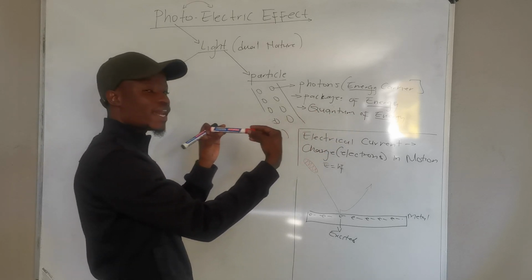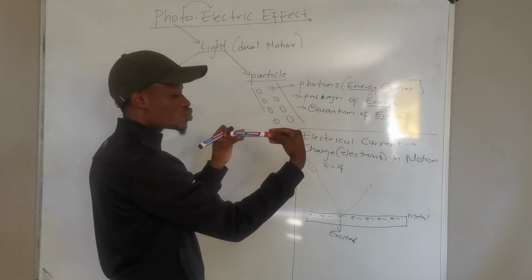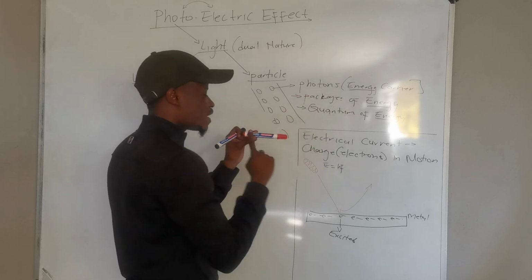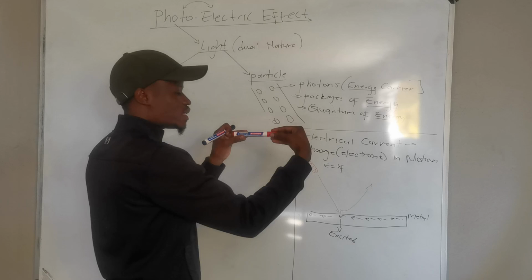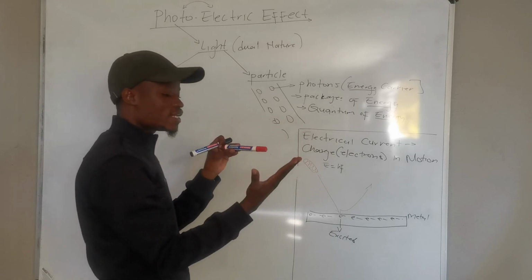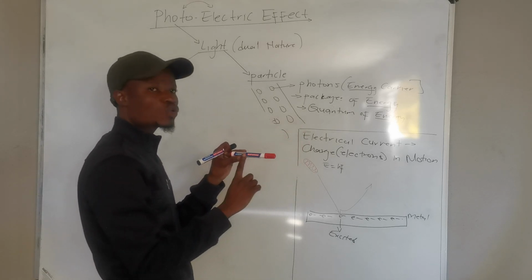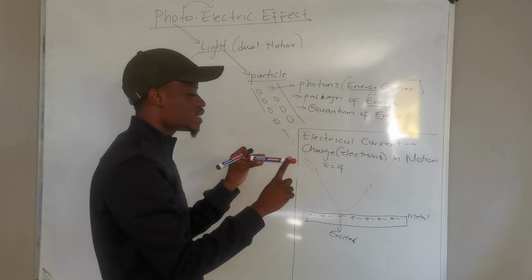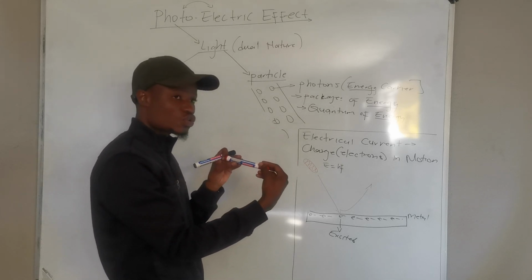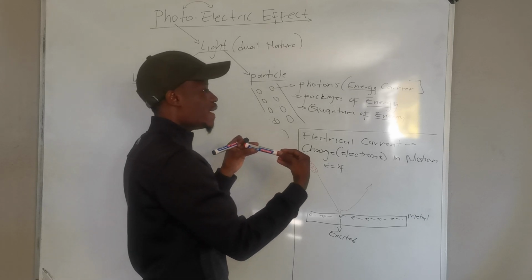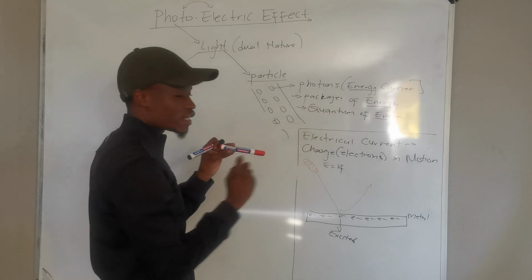It gives this to the electron. Then the electron tries to escape the metal. But if I try to pull here, and my energy is not greater or sufficient to overcome the energy that this lead is attached with, I'm not going to be able to emit or eject the electron.